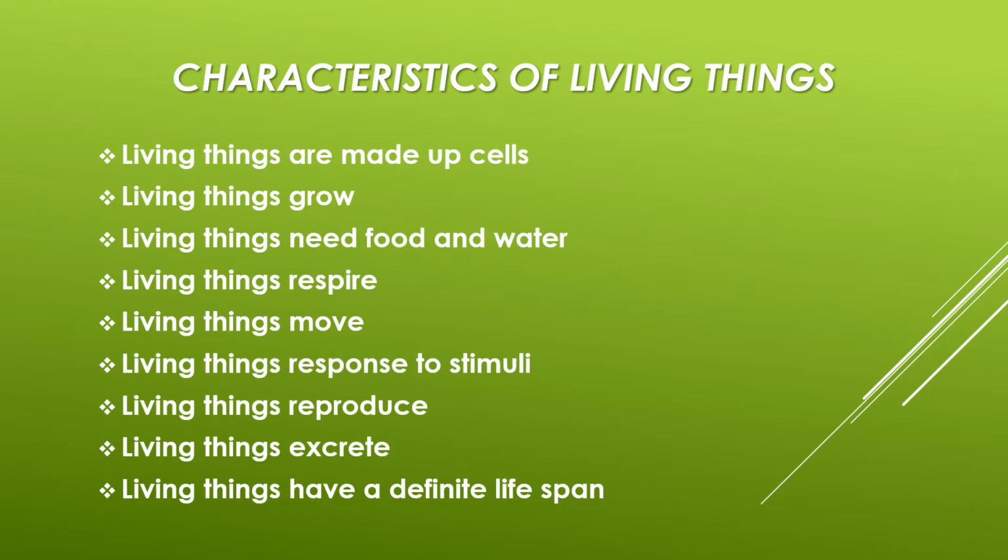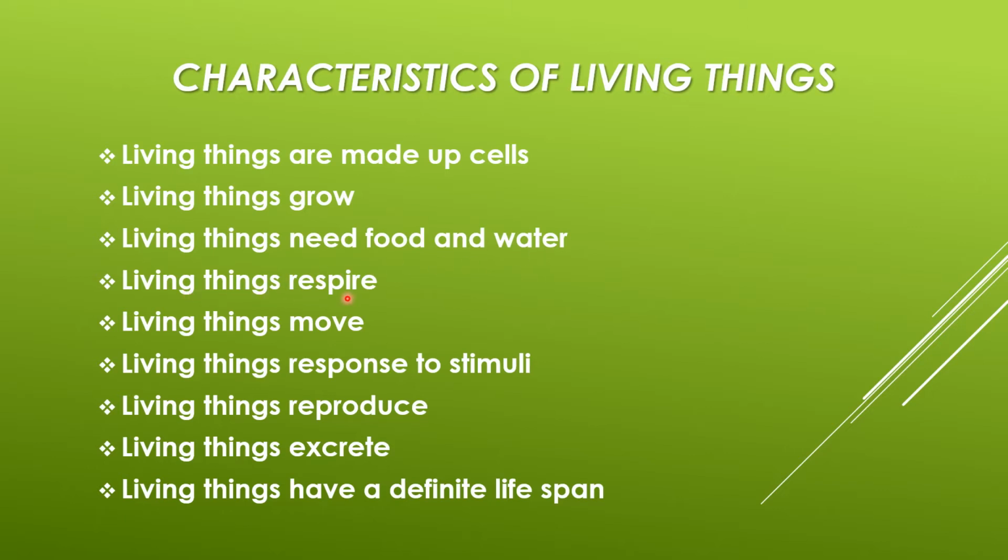All living things have certain common characteristics. These characteristics are quite different from those of non-living things. Living things are made up of cells. Living things grow. Living things need food and water.